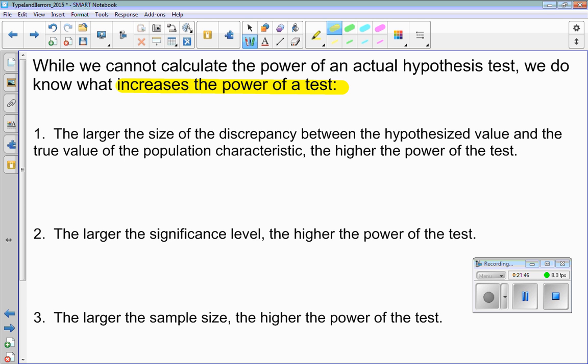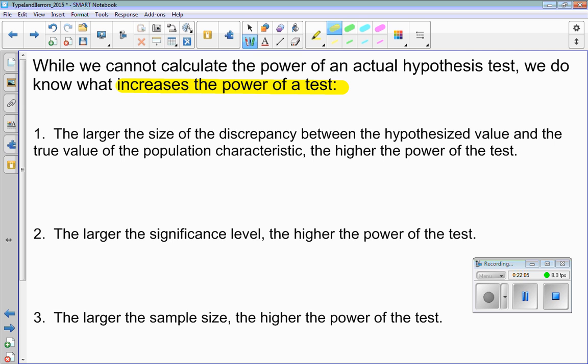So the larger the size of the discrepancy between the hypothesized value and the true value, so what we think it is and what it actually is, the larger the spread is between those two things, the higher the power of the test. And that makes sense.